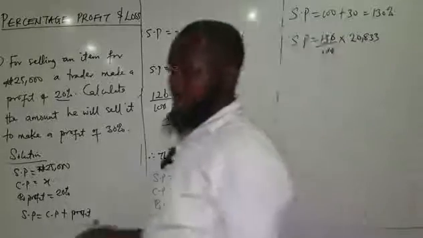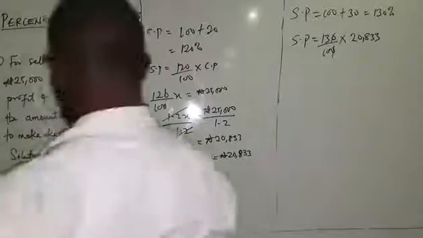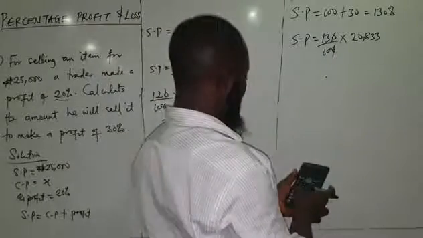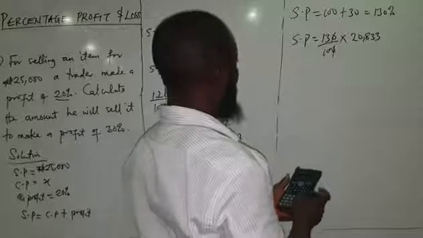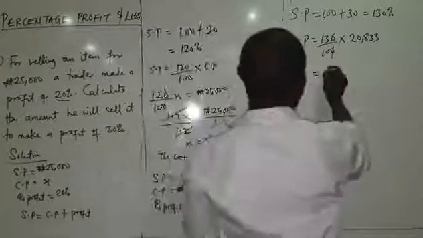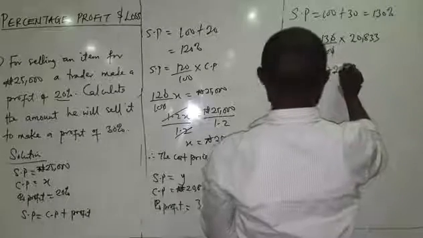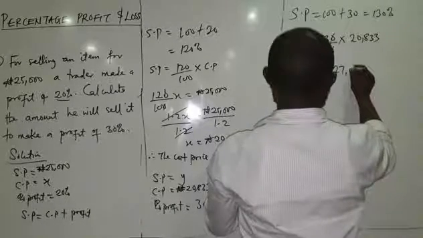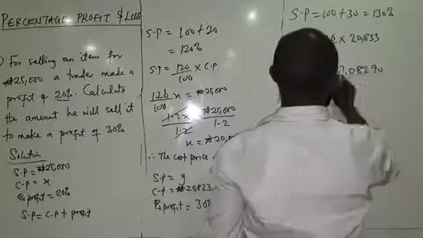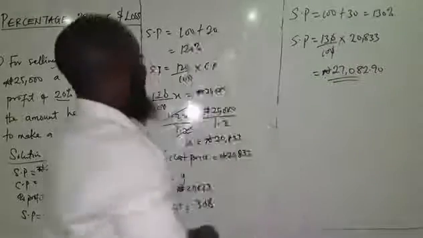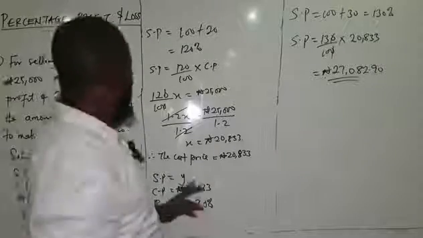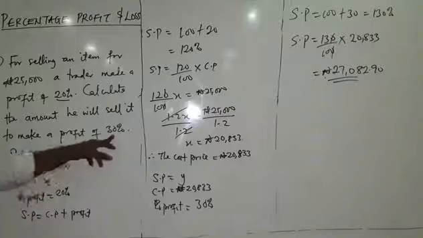So we multiply to get an answer. So this is 13 times 20,833 divided by 10. So this will then give us 27,082 naira 90 kobo. So this is the price at which the item will be sold to make a profit of 30%.